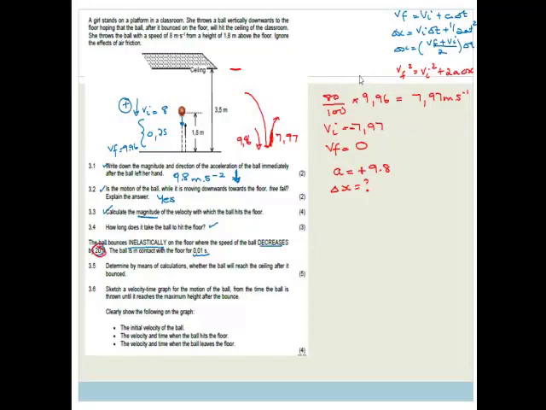We're trying to find out what is the delta x. So let's see. I would again use this equation here. We've got Vf squared is equal to Vi squared plus 2a delta x. Vf is 0. Initial velocity is minus 7.97 all squared plus 2 times 9.8 delta x. Therefore, let's just use our calculators.